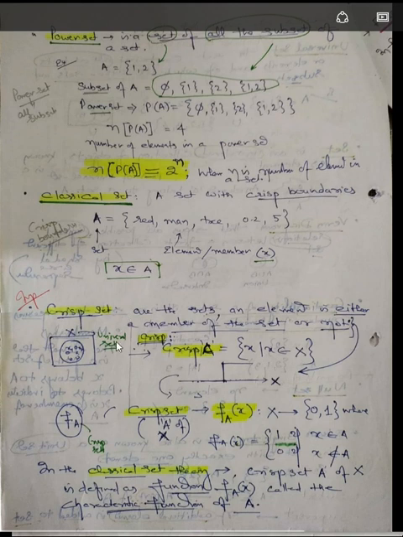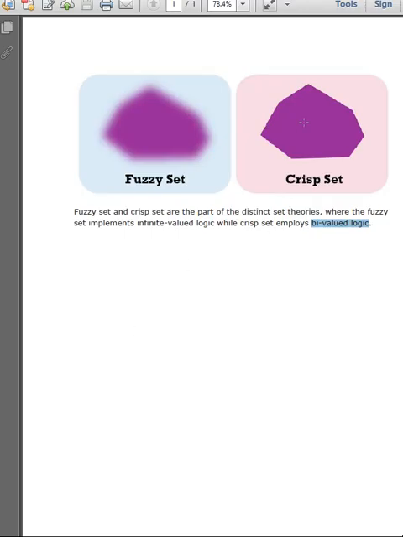We have seen this in the diagrams. With respect to the crisp set, if this is x, x is a color. If this is a color, and if this one is given as capital X, then this small x belongs to this X, or it does not belong to it. If it is outside, it is not the actual object.